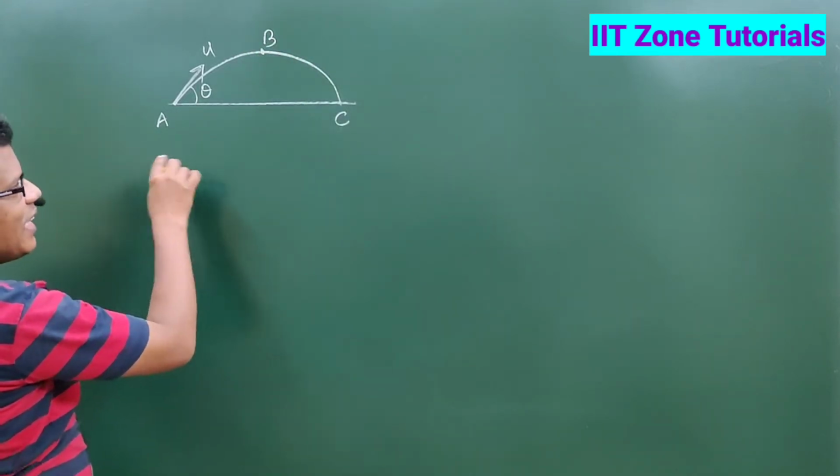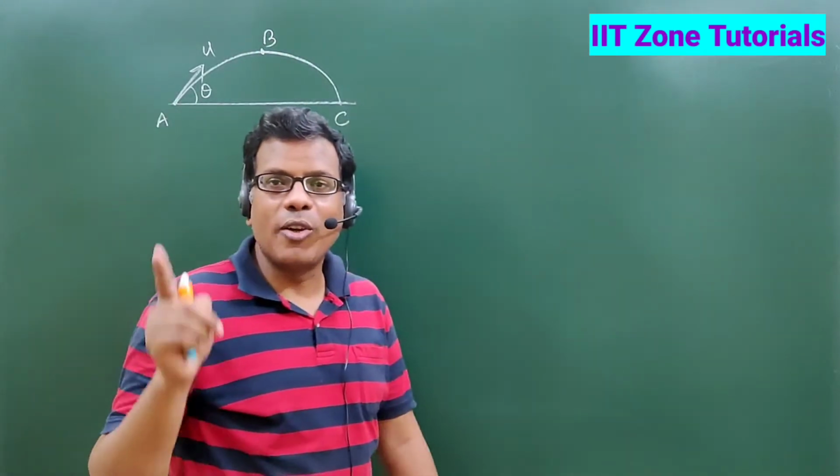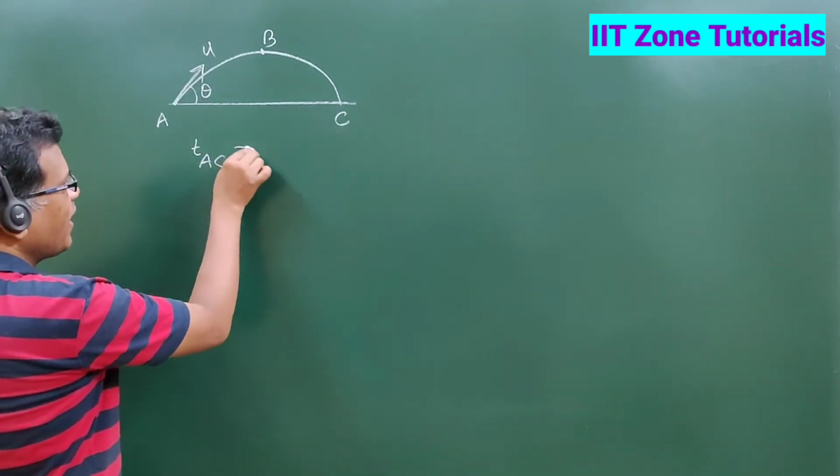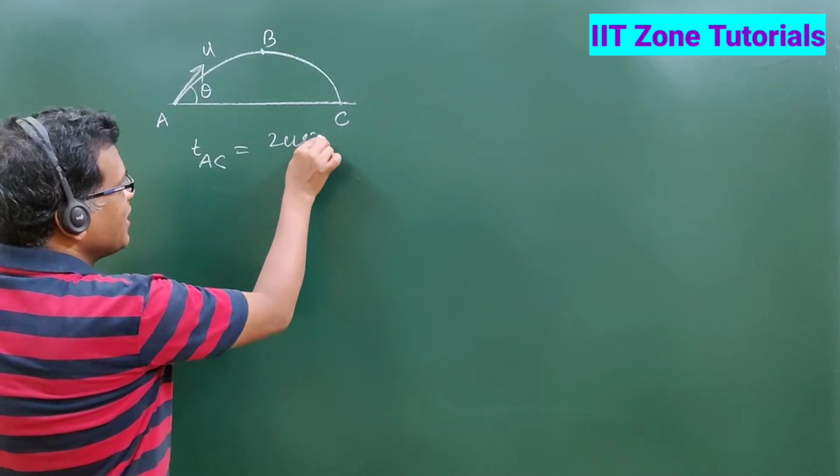When A and C are on the same horizontal level, only then can we write the time of flight as 2u sin theta by g.